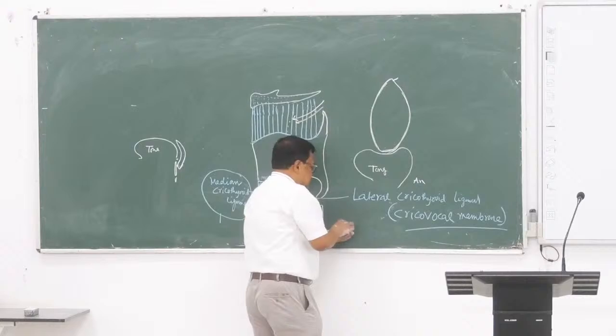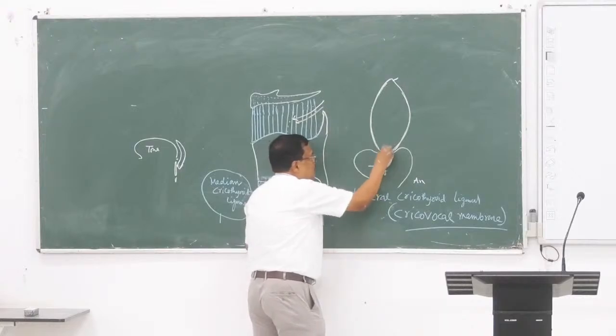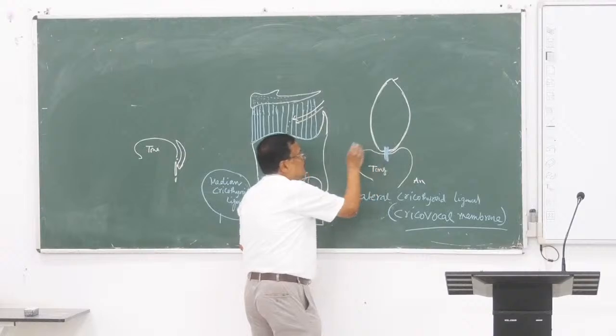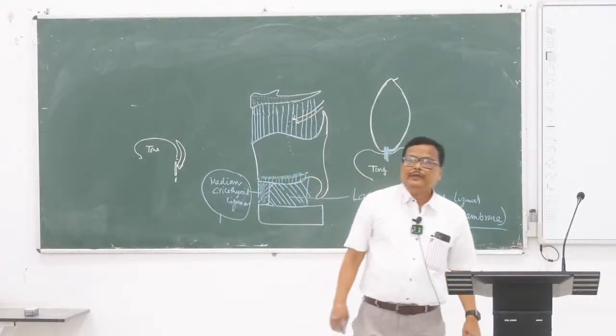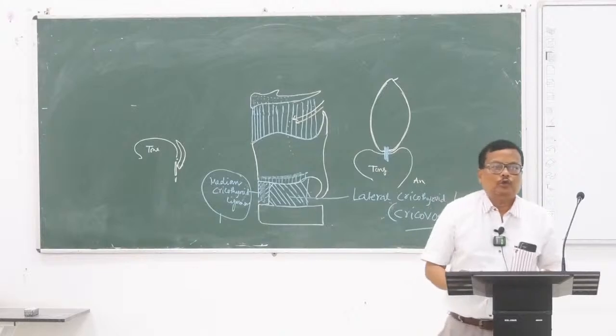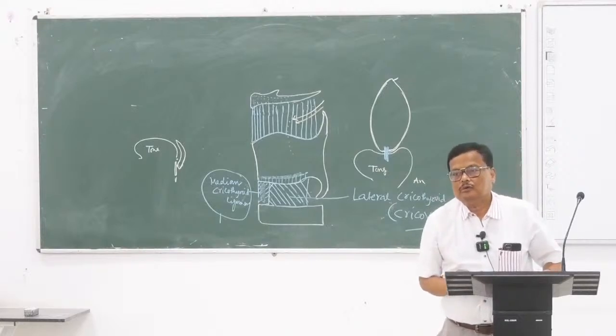It is attached to the tongue by a ligament known as the median glossoepiglottic ligament or median glossoepiglottic fold.